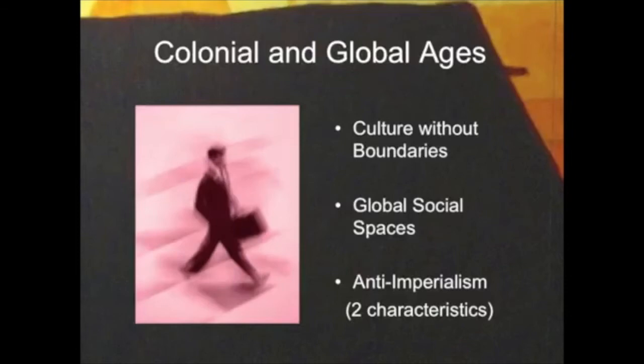Global social spaces would represent the geographic areas or territories or landscapes where cultural heritage is expressed through different kinds of foods, through different kinds of song, through traditional practices, through traditional expressions of what family is or what marriage is.